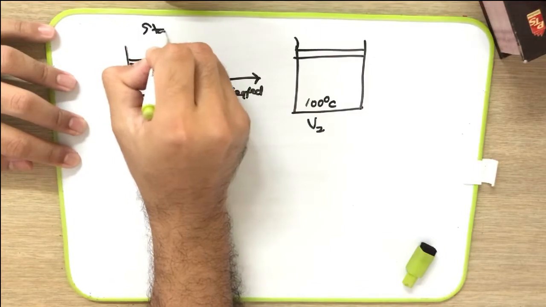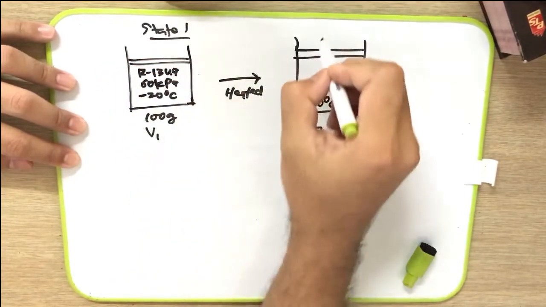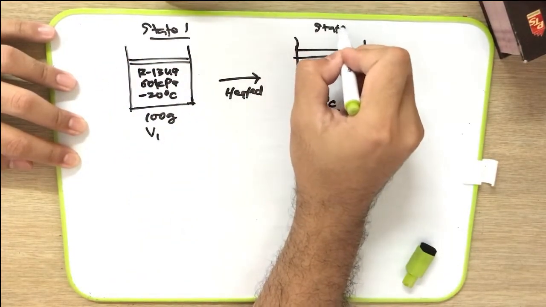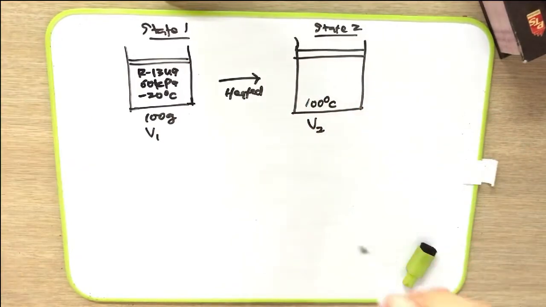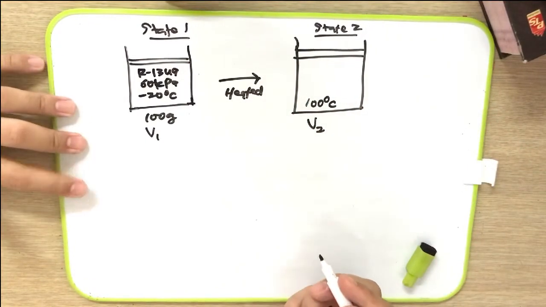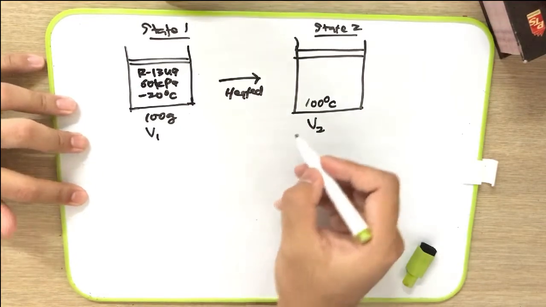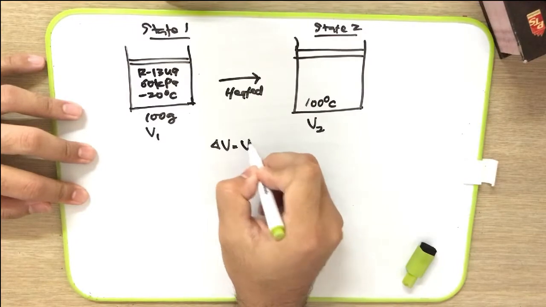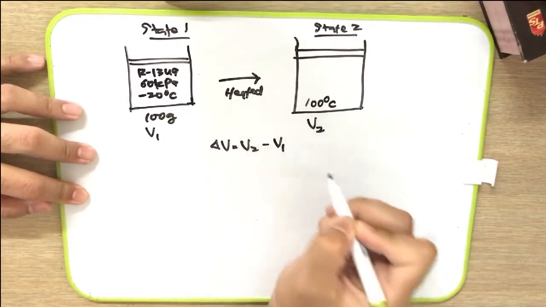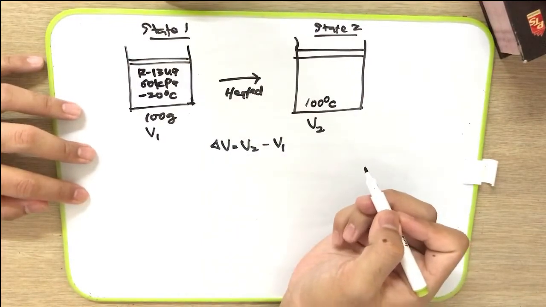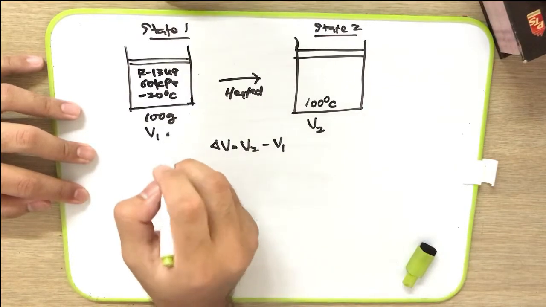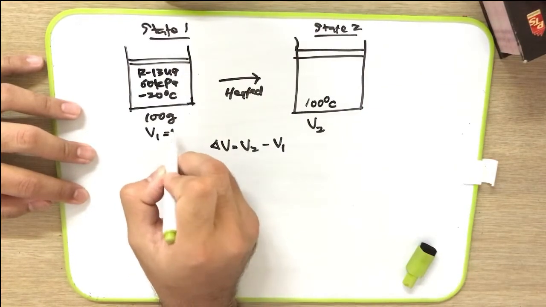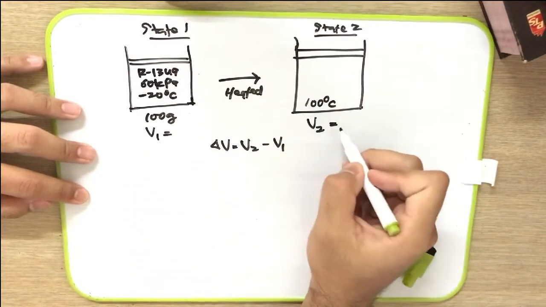This is state 1 and this is state 2. Now we need to find the change in the device volume, which means we need to find the delta V, which is V2 minus V1. So we need to find the volume at state 1 and also the volume at state 2.